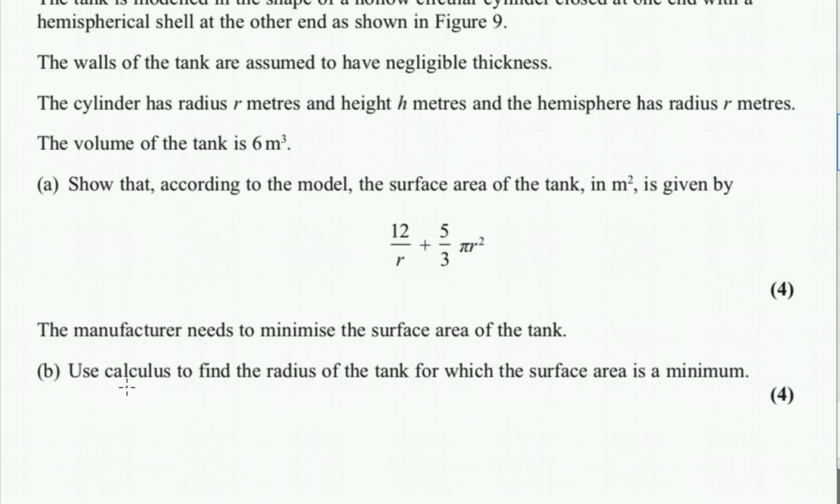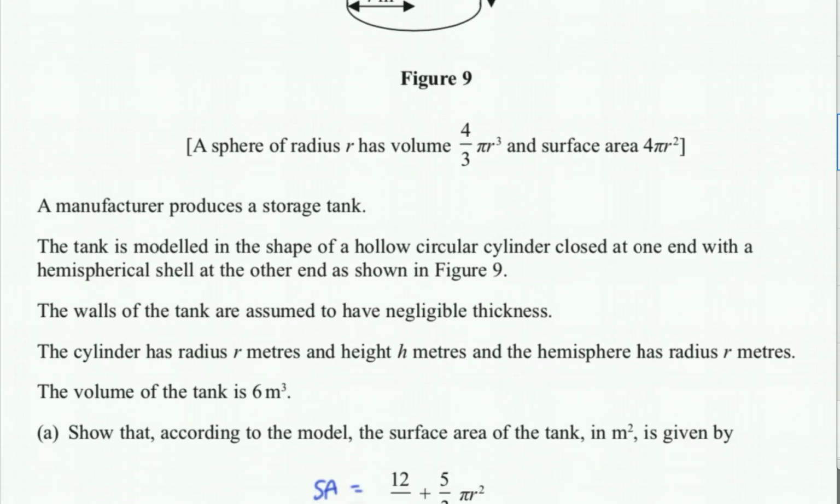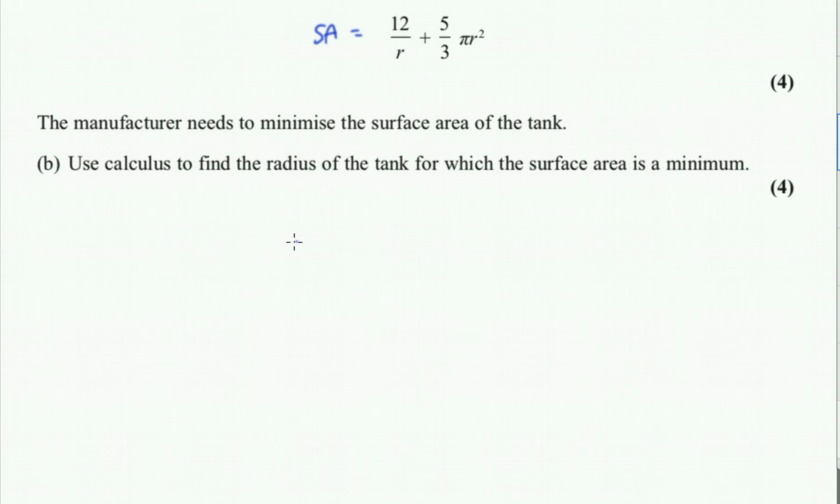Okay, part B then asks us to use calculus to find the radius of the tank for which the surface area is a minimum. So we've got the surface area formula here. If we differentiate this and set it equal to 0, we will find the minimum point of the function, and that's what we're after. So if I call that s, let's put it into the right form first.